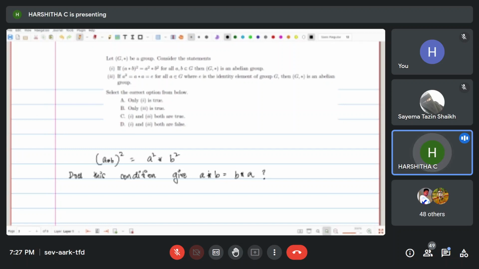You can take a minute to think about it, and if you have an answer, like if it is abelian, you can type yes in the chat box. If not, you can say no. Or if you don't know, you can say that also.